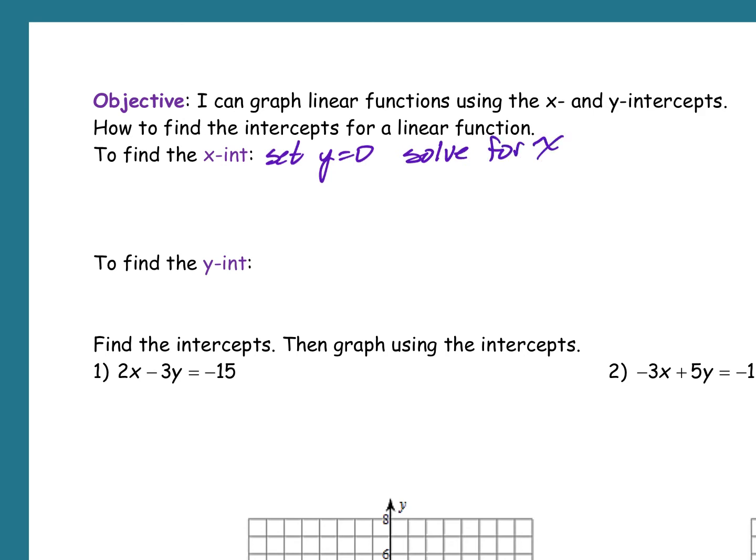To find the y-intercept, I set x equal to 0 and solve for y. Very simple. Okay? So glad you guys decided to work ahead, but you need to make sure you're reading the directions, because we have to learn how to do this. Sometimes it's easier to solve them this way.